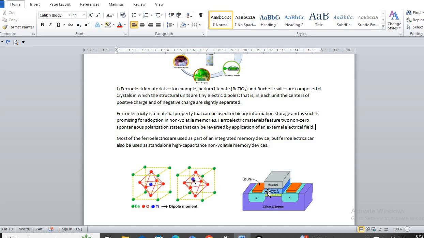Just above the channel you have this ferroelectric material. The ferroelectric material is obviously acting as a two-phase thing. So one will be switching on, another will be switching off. So obviously the memory device is using the binary concept. The ferroelectric material helps us to achieve this. So non-volatile memory devices can be made using the high capacitance value of these ferroelectric materials. Okay, thank you.